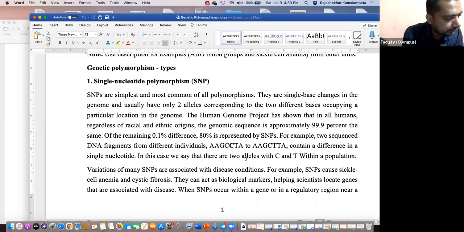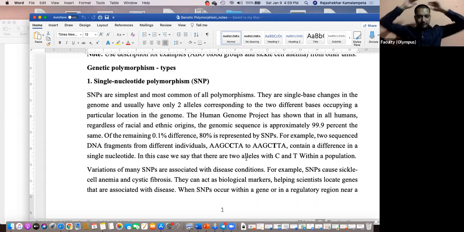Single nucleotide polymorphism or SNP. Very simple. Single nucleotide means difference in one nucleotide. So a difference existing at one nucleotide.